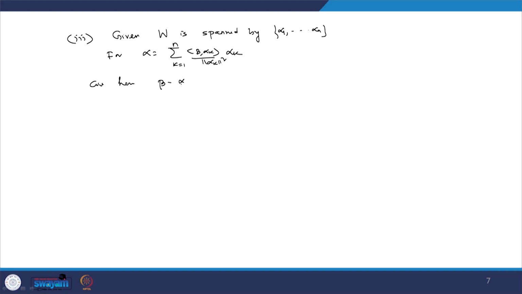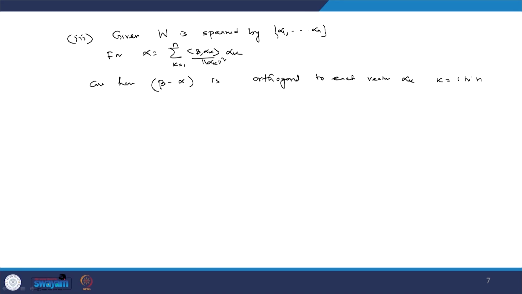beta minus alpha is orthogonal to each vector alpha k, k equal to 1 to n. This is basically coming as a consequence of our Gram-Schmidt orthogonalization procedure.